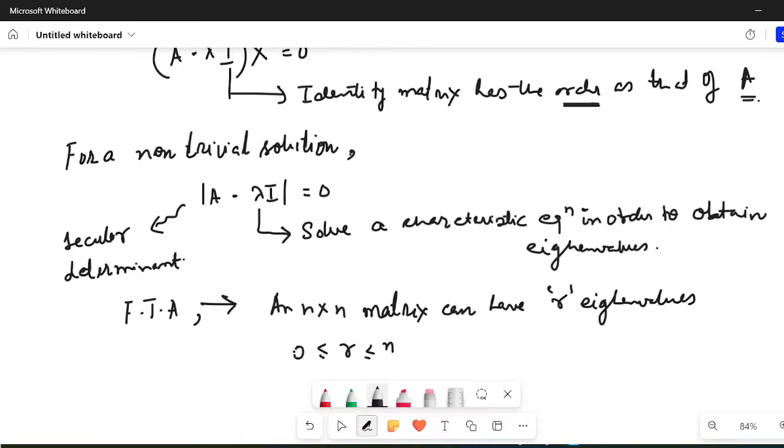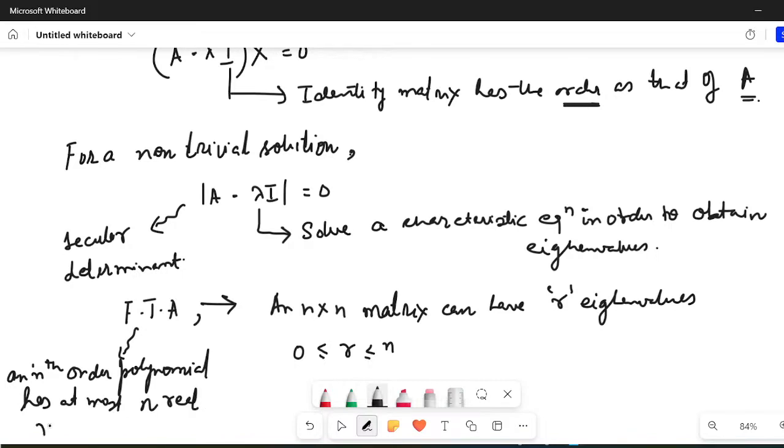If all the roots are non-real, it is 0, and if all the roots are real, then it equals n. So the fundamental theorem of algebra says that an nth order polynomial has at most n real roots.